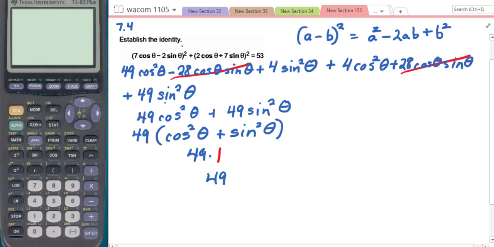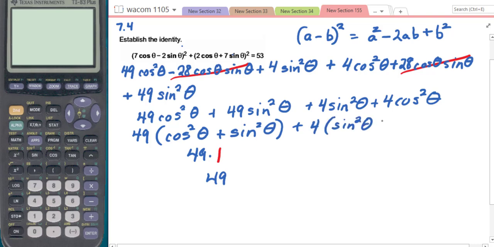We've used up these two terms. We still have these two, and it's going to work the same way. We have 4 sine squared theta plus 4 cosine squared theta, and we can group those and factor out a 4.